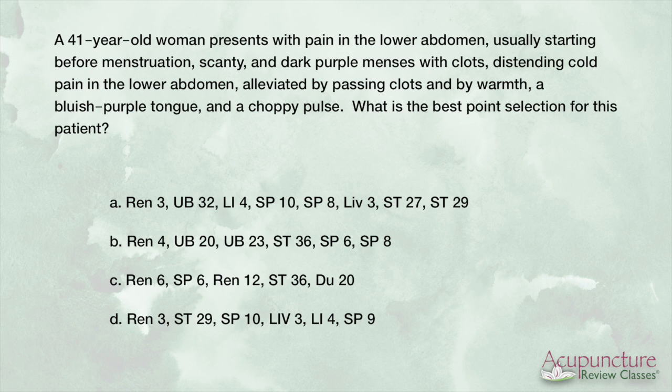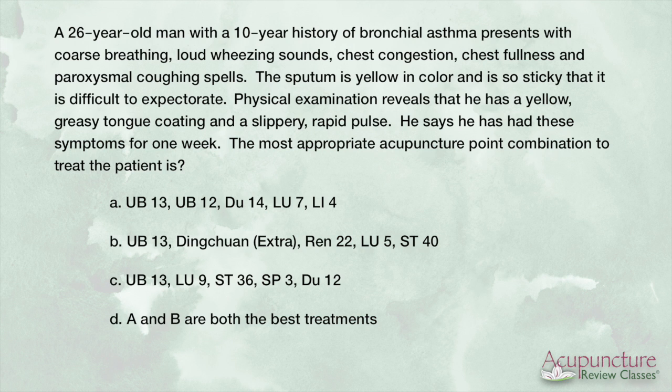Okay, so let's look at number 5. With number 5, we're looking at what is the most appropriate acupuncture point combination to treat the patient with. He says he's had these symptoms for 1 week. Is there a tongue and pulse? It says that he has a yellow, greasy tongue coating and a slippery, rapid pulse.